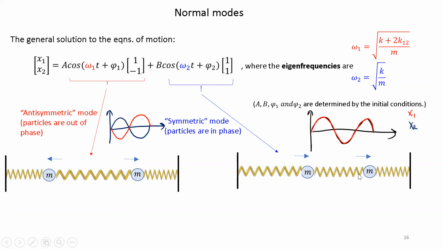This is the symmetric mode with the lower frequency. And for this one, you can see that all three springs are playing their role in the motion. So stretch, compress, compress. But then this one of the springs is not really doing anything. This one is never stretched or compressed, and this one has a lower frequency.